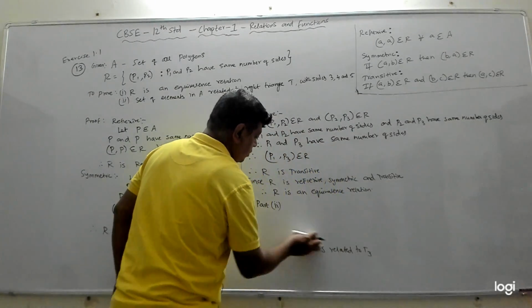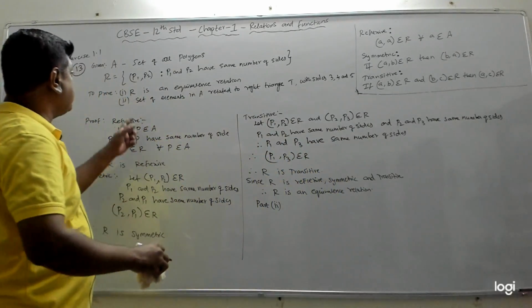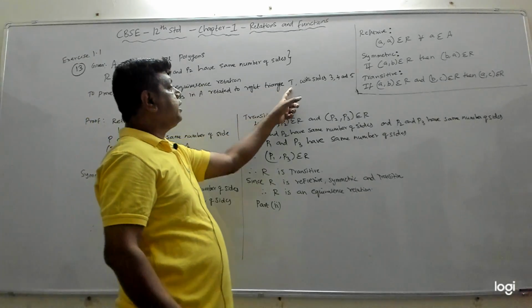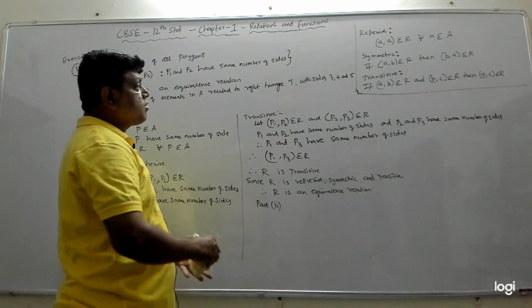Now the second part of the problem. We have to find the set of all elements in A related to the triangle T with the sides 3, 4, 5.